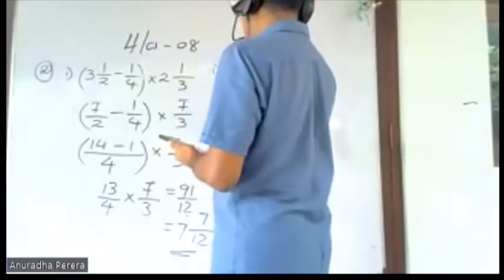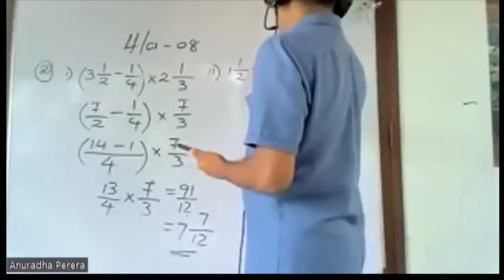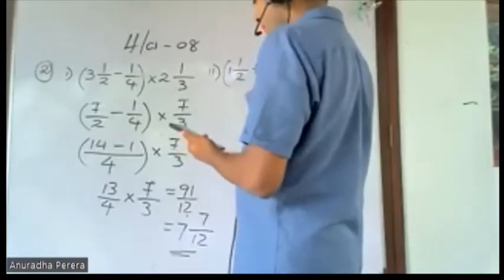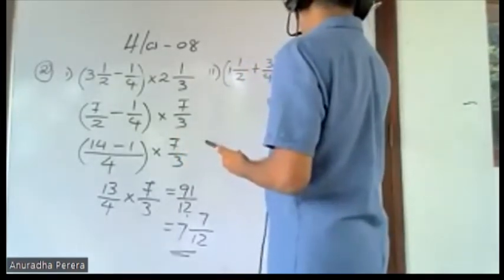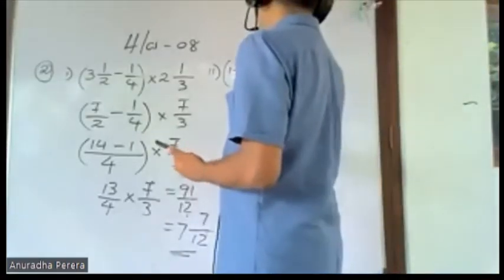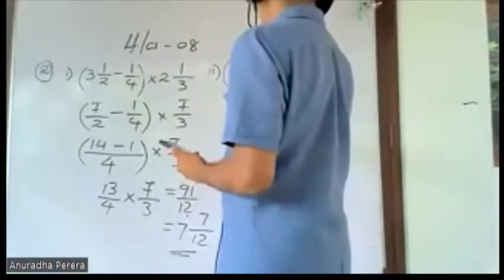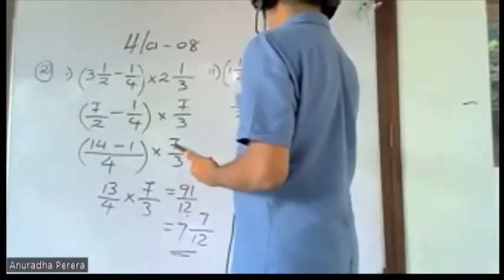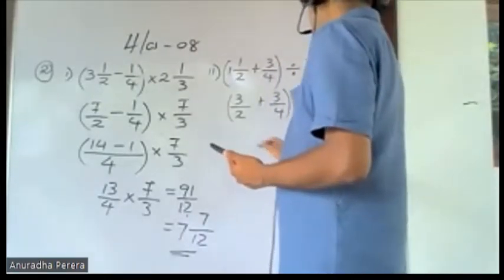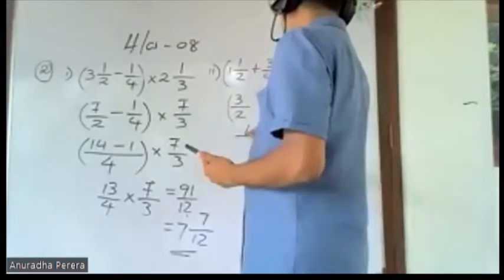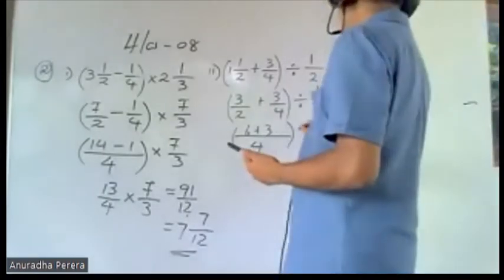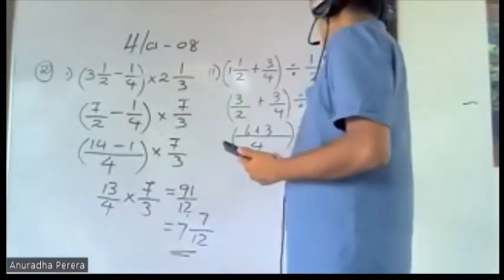1/2, 3/4. Half. 3/2. 3/4. Common denominator 4. 6 plus 3. 9/4.